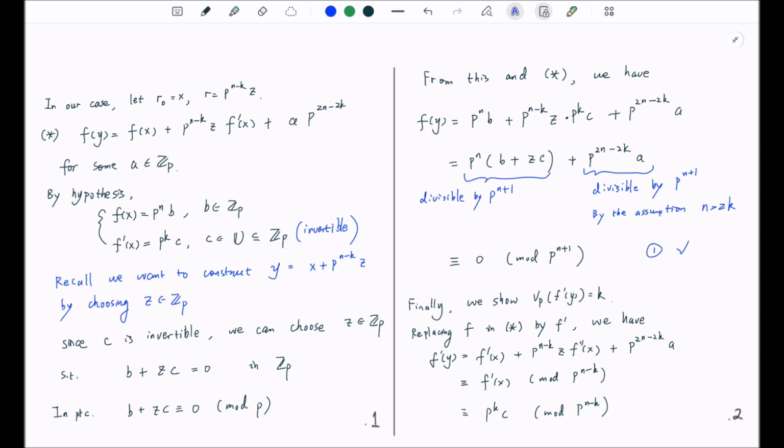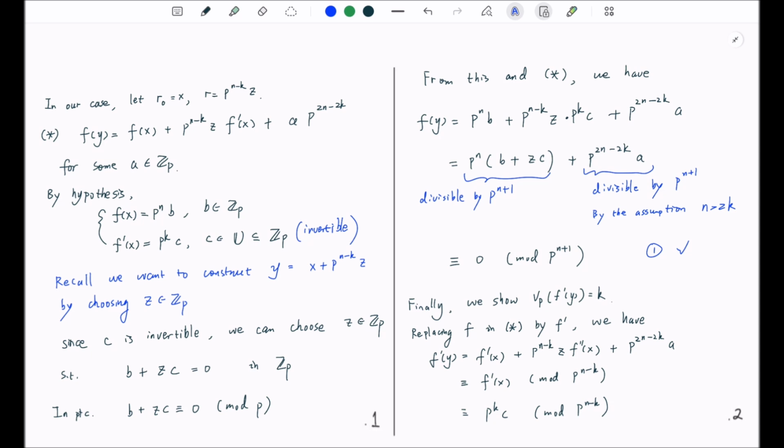So, is it possible for us to show that f prime of y has the form p to the power k times some invertible element, which is not necessarily c, so that we can conclude that the p-adic valuation of this guy is equal to k?